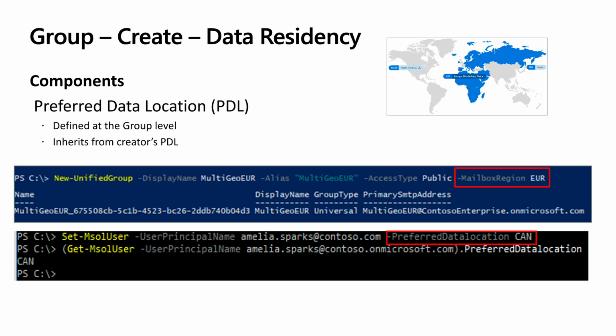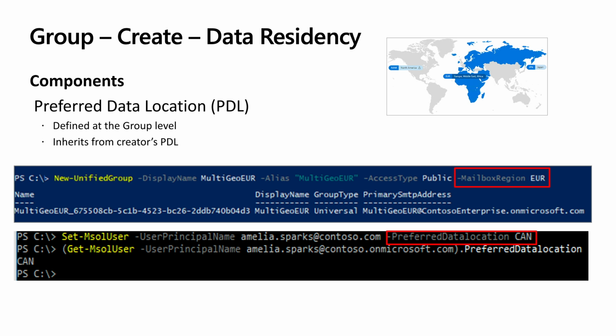On the screen, you can see an example of how the PDL can be specified at the time of group creation. In this example, we are creating a new group called multi-geo EUR, and we explicitly pass in the mailbox region as Europe. What this does is it allows you as an admin to be able to create a group at a desired data residency.